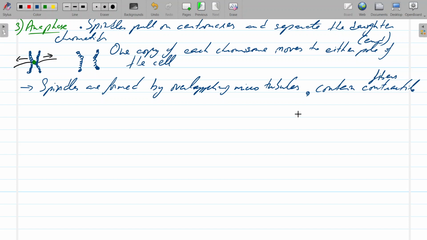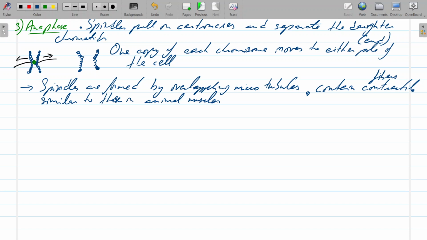These contractile fibers are similar to those in animal muscles. Right?